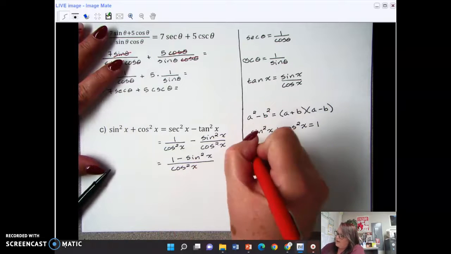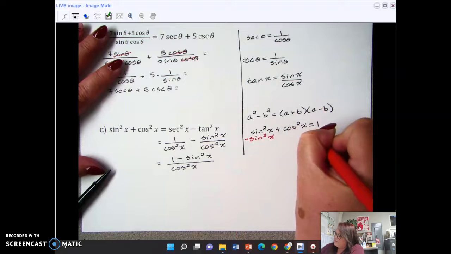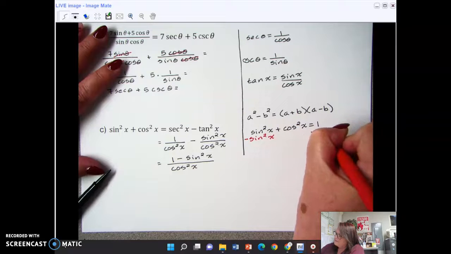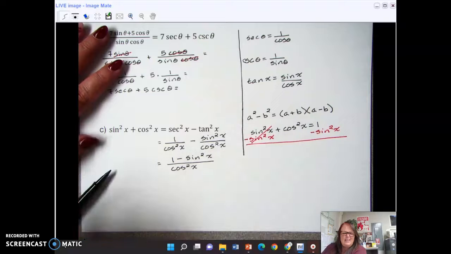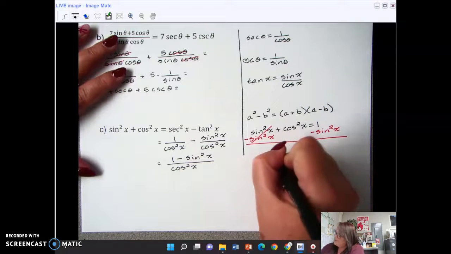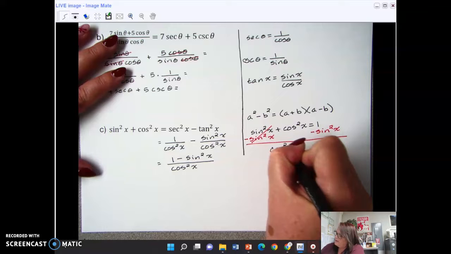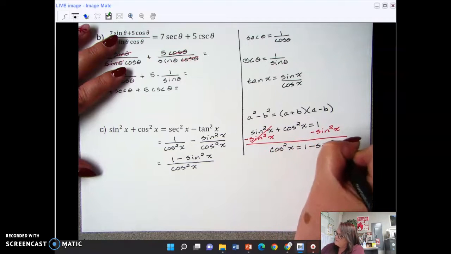So here I've got negative sine squared of theta, so I'm going to subtract sine squared of x from both sides. And I know I just said theta instead of x, but recognize I just mean that variable for the angle. So this means that cosine squared of x is equal to 1 minus sine squared of x.